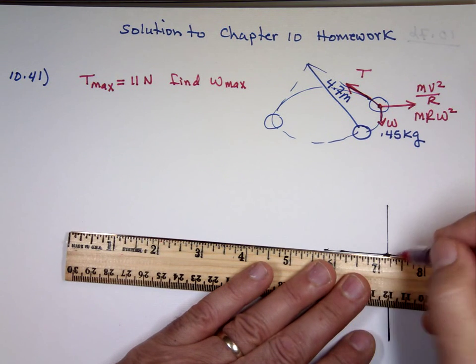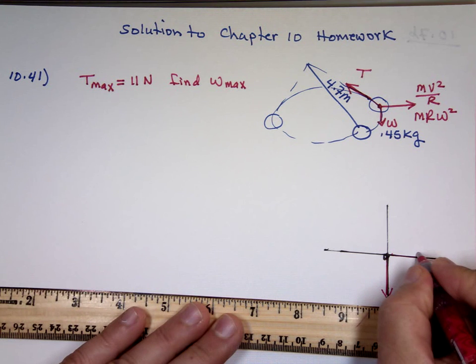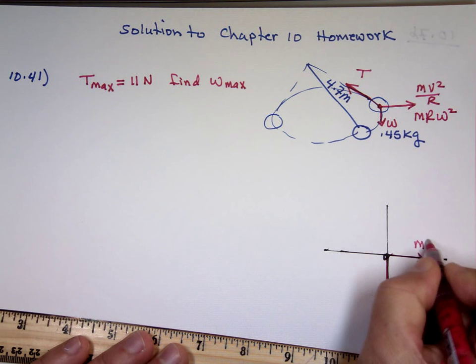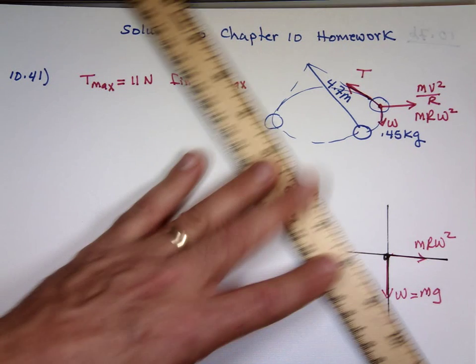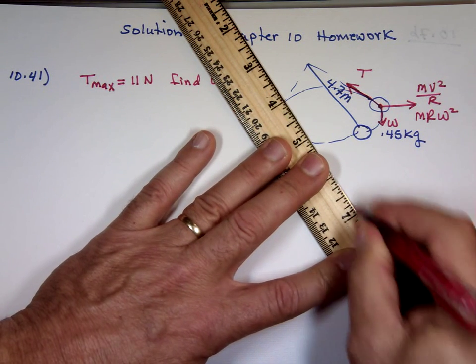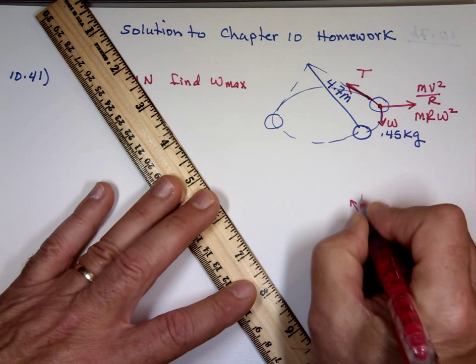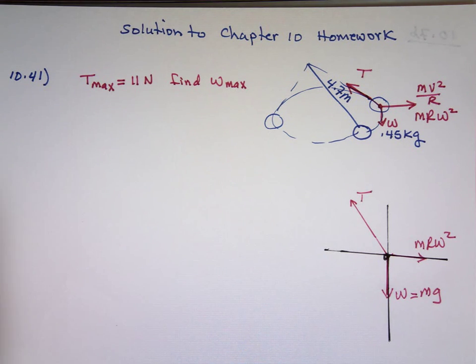We have the centripetal force, this one, pushing you to the right, mrw squared. And we have the tension in this direction. If the maximum tension the rope can withstand before breaking is 11, what is the maximum angular speed?